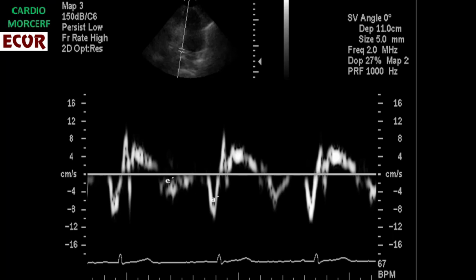Hence, the resulting vector of these three velocities is the velocity we are recording. It may have an important radial velocity that may not be seen if the incidence is perpendicular to it. The same velocity may now be well seen if the transducer is repositioned slightly to a position where the incidence favors the demonstration of the radial velocity, but we will wrongfully take it as the longitudinal velocity.